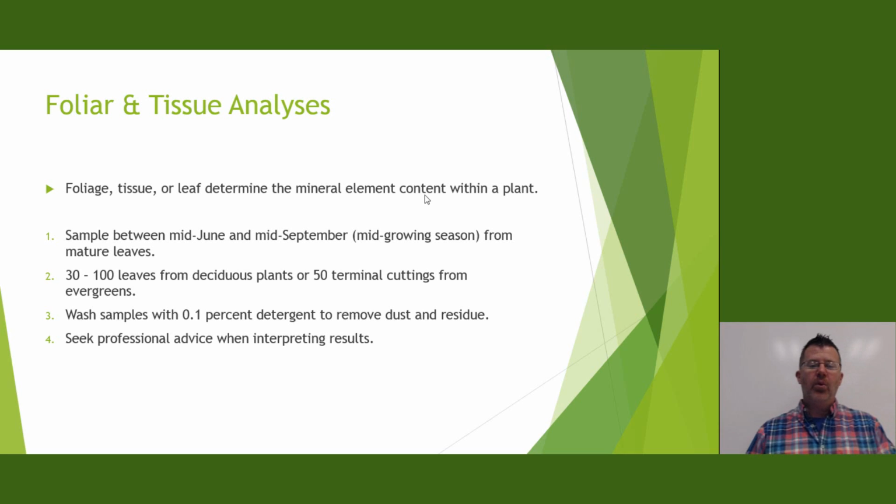Wash the samples with a 0.1% detergent to remove any dust or residue, and then seek professional advice when interpreting results. My dad does this with his strawberry plants. He takes tissue samples, sends them off, and then the ag extension agent that specializes in strawberries comes out to the farm and they go over the test, and then the ag agent recommends what we need to do based on the tissue analysis.